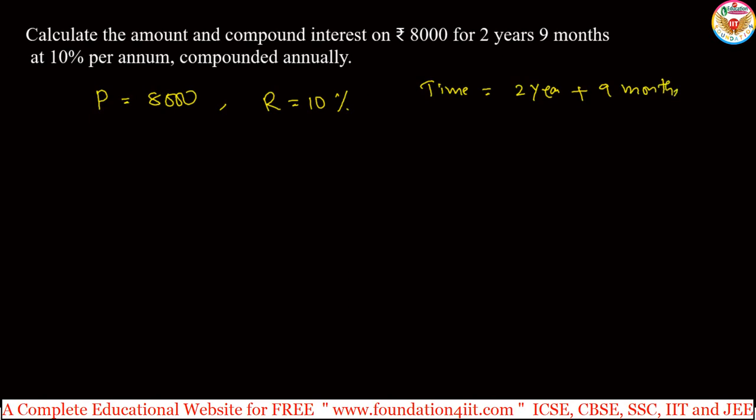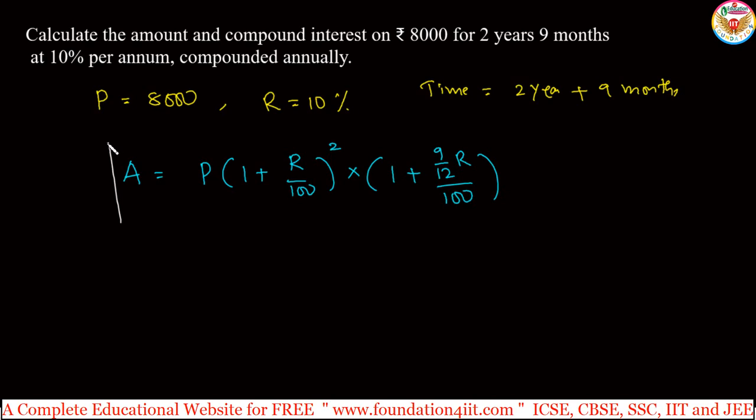Years and months combined. Then the formula: amount is equal to P into (1 plus R by 100) to the power 2, because of 2 years, into again (1 plus 9 by 12 R by 100) for the 9 months.